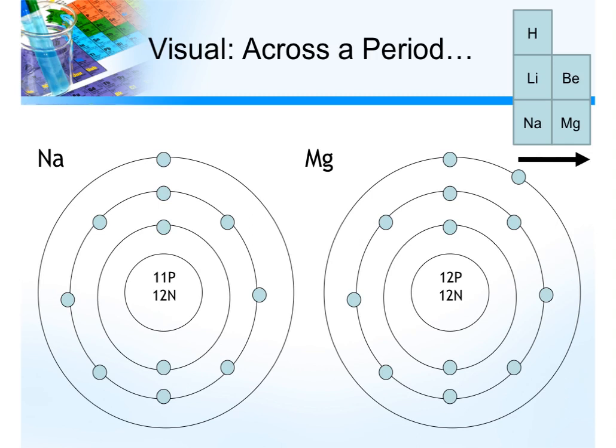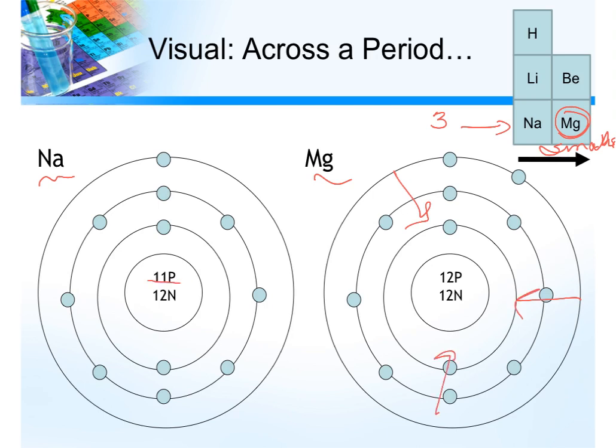If you click on this slide, what happens is, first of all, let me point out that sodium and magnesium are both in period 3 of the periodic table, and magnesium is farther to the right, so it should be smaller, right? And so what happens here is, this is a dynamic video, so that it shows the magnesium atom shrinking.